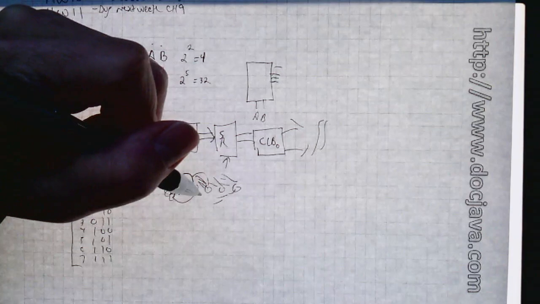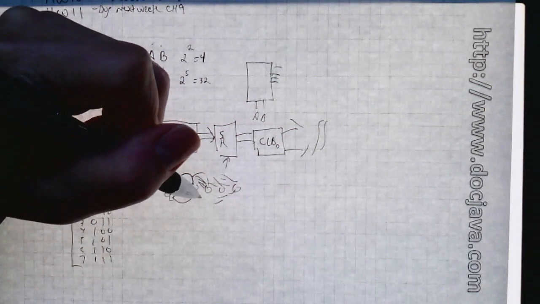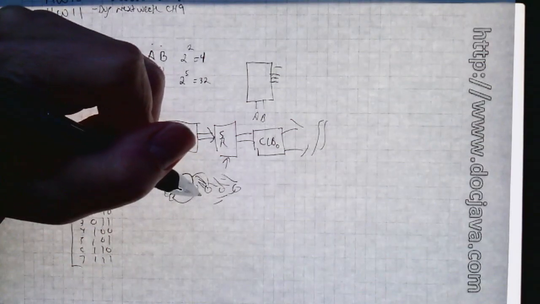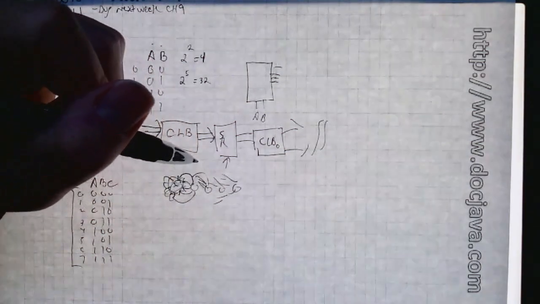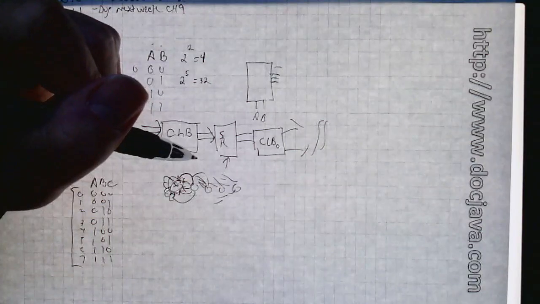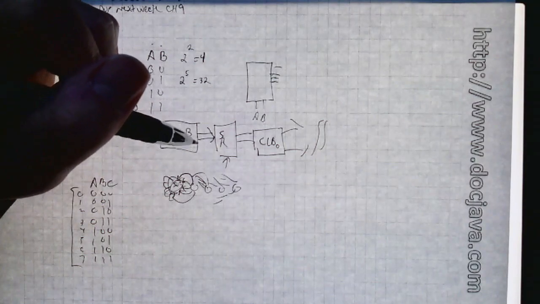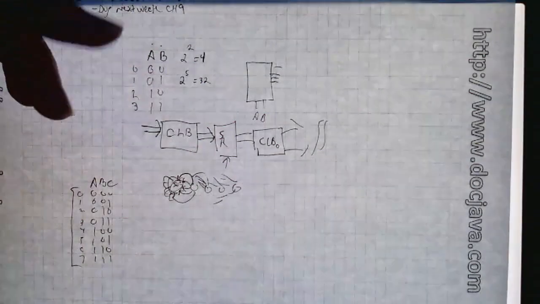So let's see if I got the answer right. A minimum for each node will have 8, and a maximum number of outgoing transitions is also 8. And so that's one of the answers.